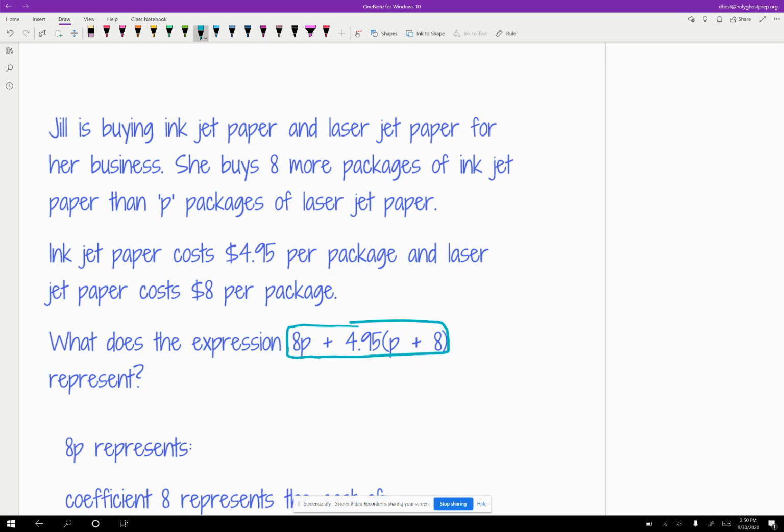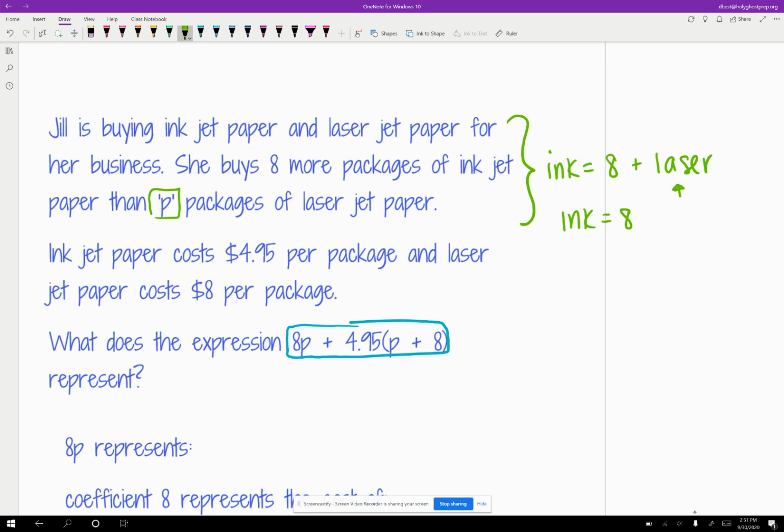Before I do that, I'm going to go back and annotate what information I have. So this first paragraph tells me that inkjet, she has 8 more packages than the laser. So I'm just going to write this out in words, and this is what is worth writing down in your notes, that my ink packages is equal to 8 plus the laser packages. I also know that instead of the laser packages, I'm going to replace that with my variable P, because that's what the directions tell me to use.